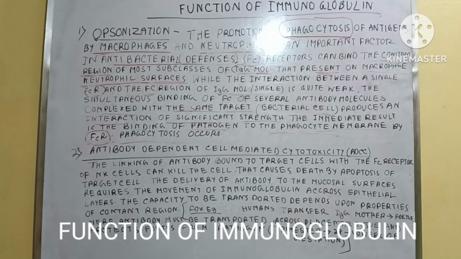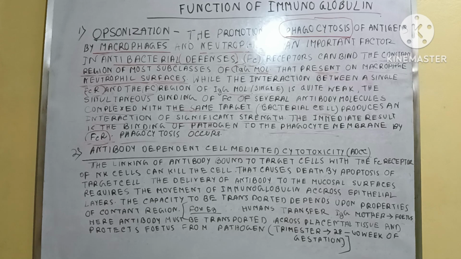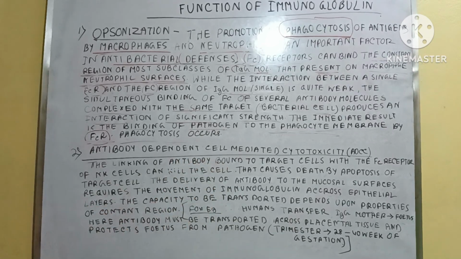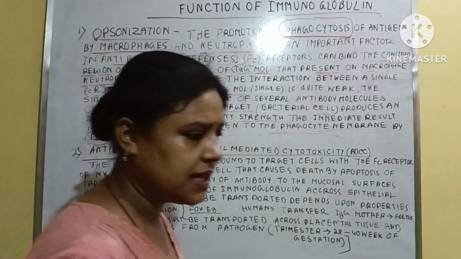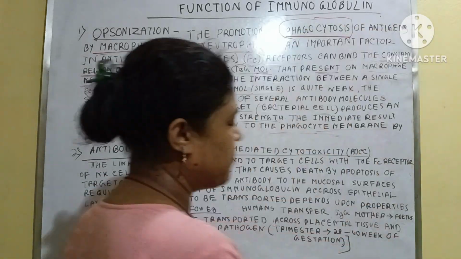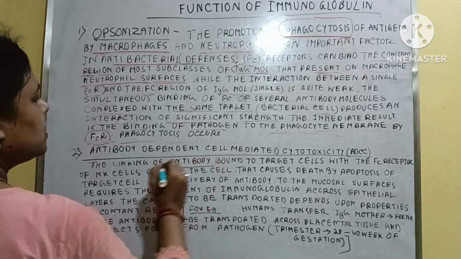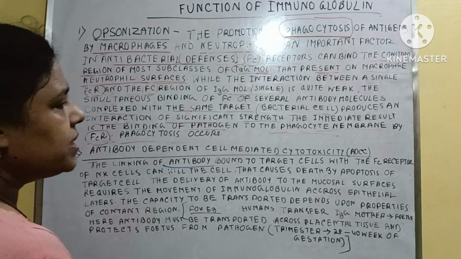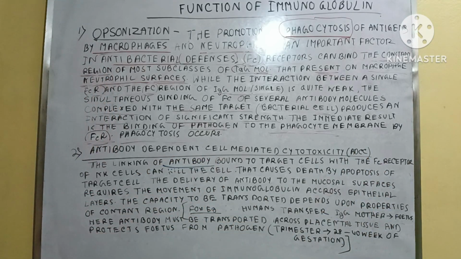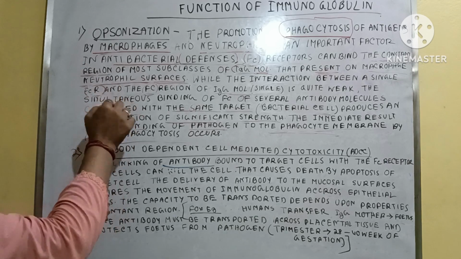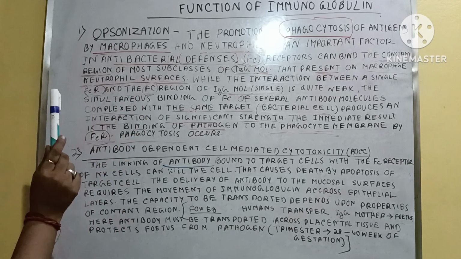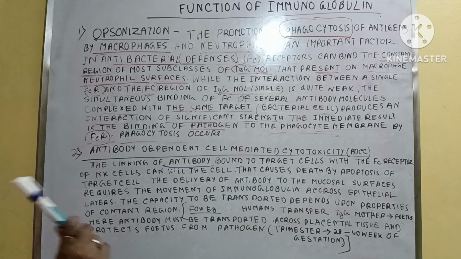The second one is antibody dependent cell mediated cytotoxicity. What is antibody dependent cell mediated cytotoxicity? Here the antibody bound to target cells links with the Fc receptor of the NK cell. Here it is possible by the Fc receptor, and there also by the Fc receptor.